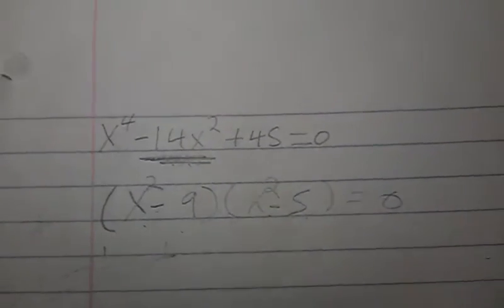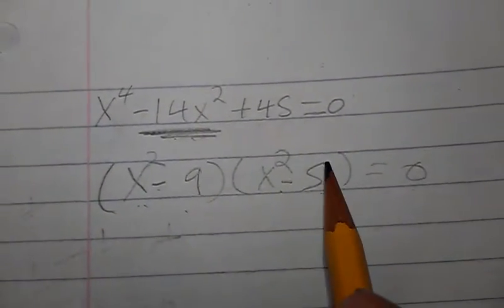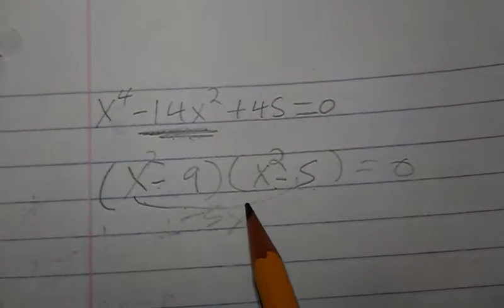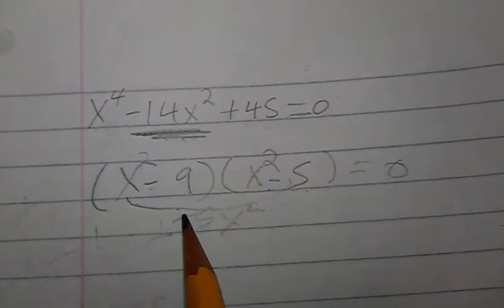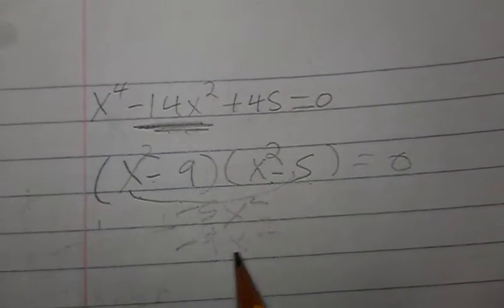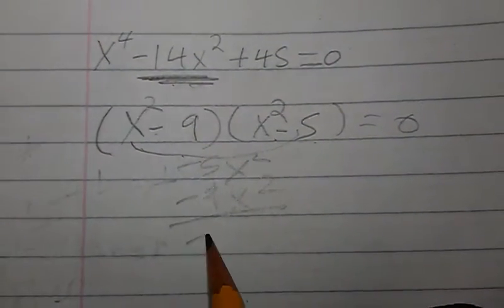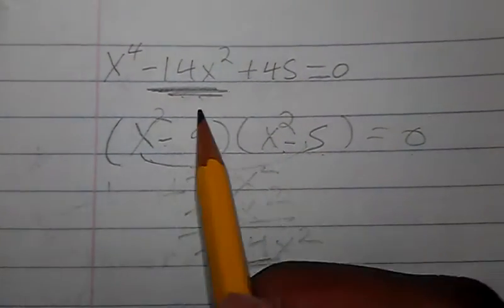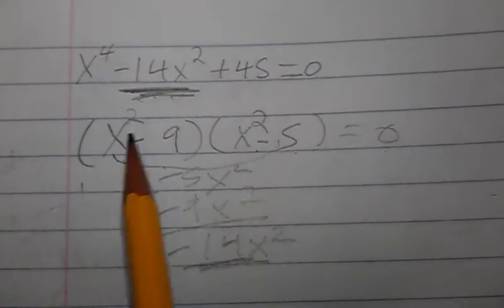But anyways, we'll multiply x squared and 5x to get negative 5x squared, and negative 9 times x squared gives me negative 9x squared. Add those both together, I'm going to get negative 14x squared. And this is exactly what I want here. So these two terms work.